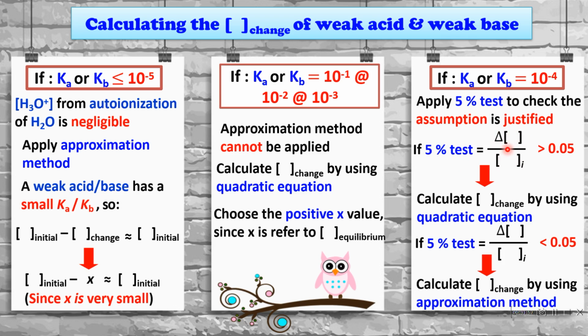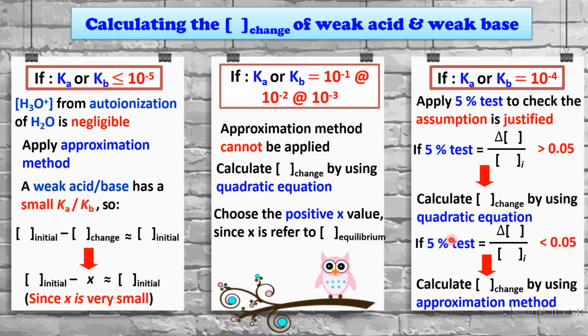If the ratio of change in concentration to initial concentration is bigger than 0.05, then the change in concentration, which refers to the X value, you have to calculate using the quadratic equation.